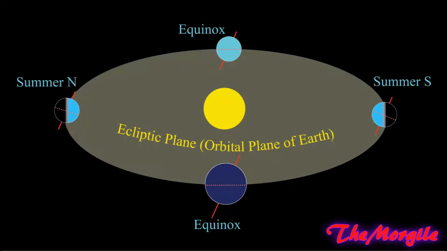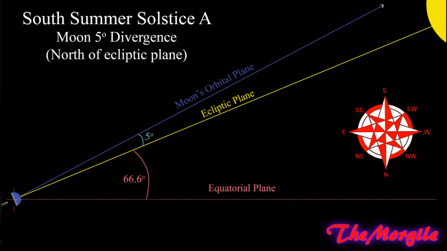During the solstices, the equatorial plane would be at its maximum divergence from the ecliptic plane. However, the moon should maintain a mere 5-degree divergence from the ecliptic plane at all times, casting the idea of a moon that remains in between the tropics right out the window, especially during the solstices.